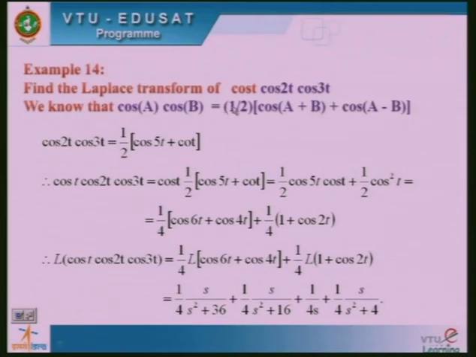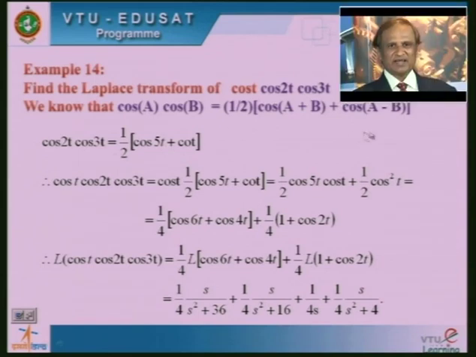Is it clear? So that is equal to 1 by 2 times of cos of a plus b plus cos of a minus b. You can take any two functions, namely cos 2t, cos 3t. A plus b means 2t plus 3t, 5t. Is it clear? So you can write cos 5t. And similarly, a minus b means you can write cos t.